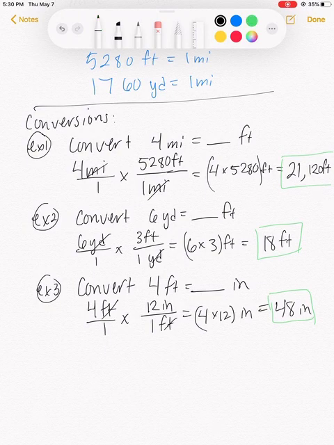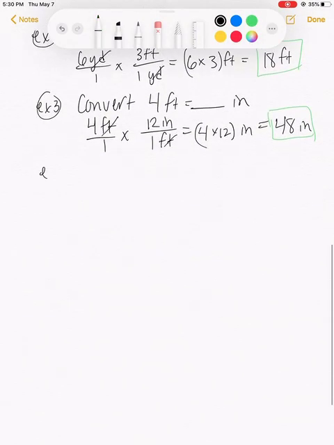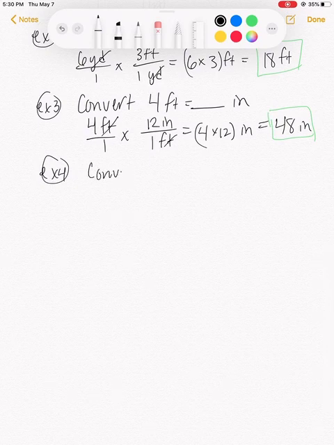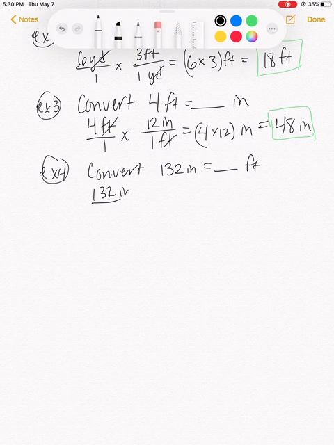Let's do another example. Example number 4, we want to convert 132 inches into some number of feet. So we're going to do 132 inches over 1 times, I need to get to feet, so I need inches on the bottom, and there are 12 inches in 1 foot.